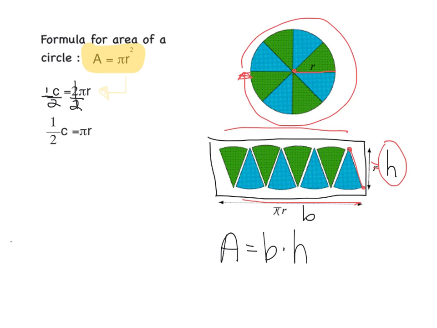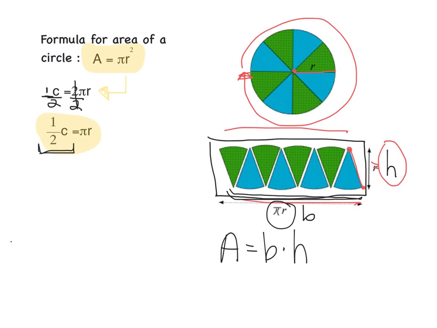So really what I have is this formula 1/2 c equals pi r. So this is saying 1/2 of the circumference is equal to pi r. So when we rearranged our parallelogram, putting half of the pieces on the bottom, we can safely say that half of the circumference equals pi r.